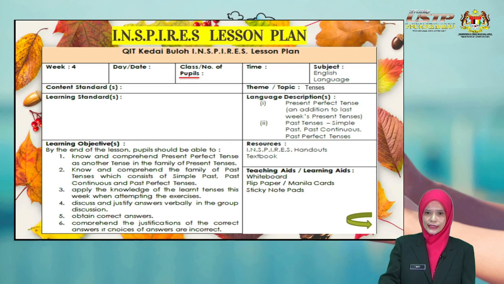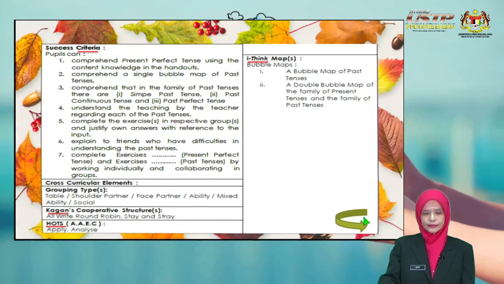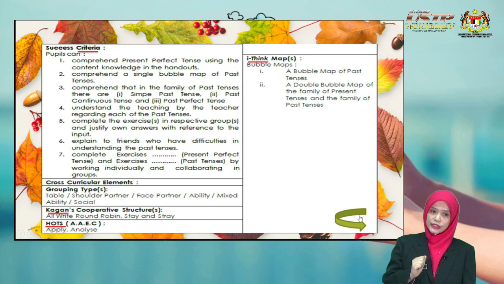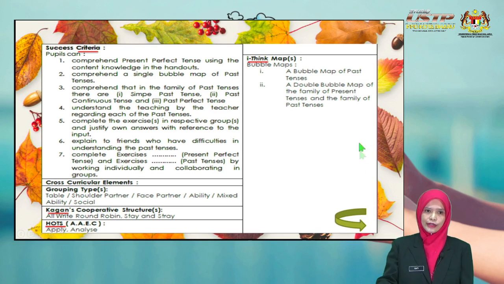For resources, we use Inspires handouts and textbook. And for teaching aids, we have whiteboard, flip paper, manila cards, and sticky notepads. Before I proceed to success criteria, let's look at the differences between learning objective and success criteria.